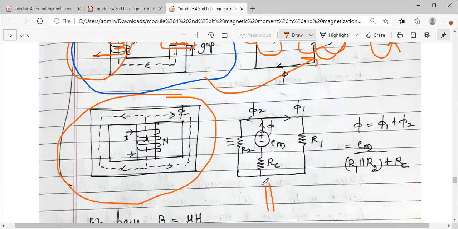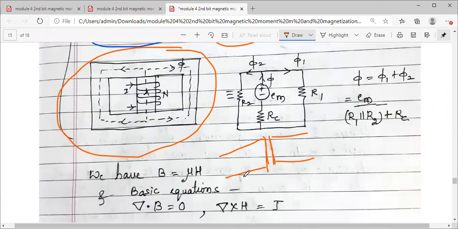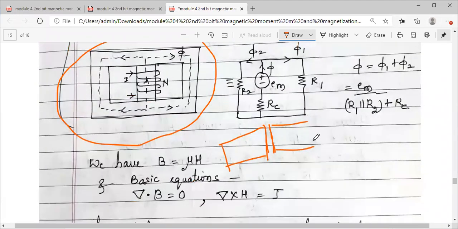यहाँ पर center portion में ये जो है, this support is common between both cores. It is something like this.